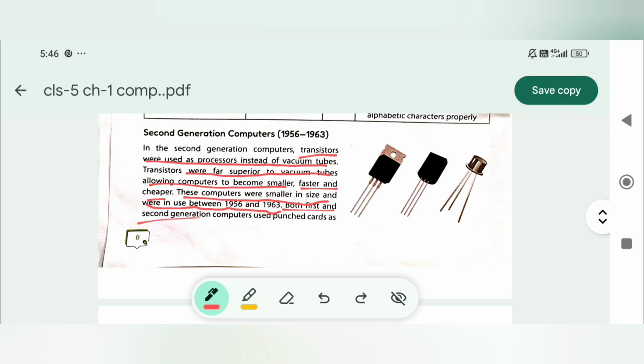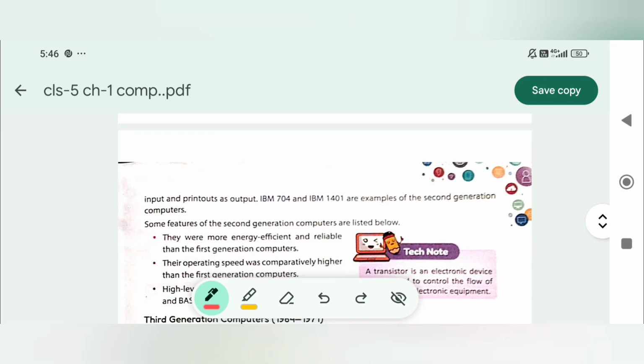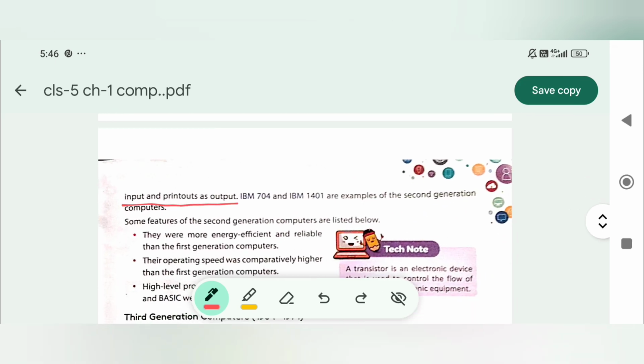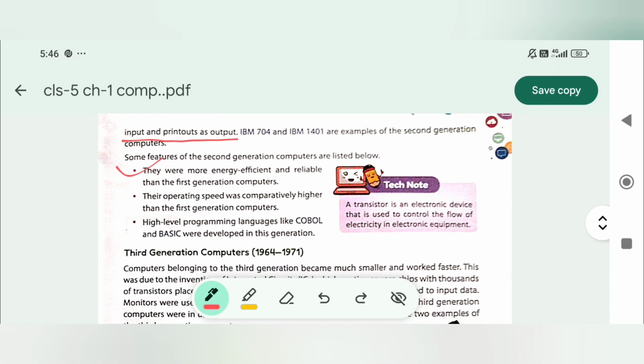Both first and second generation computers used punch card as their input and printout as output, and they were more energy efficient and reliable than the first generation computers. Their operating speed was comparatively higher than the first generation computers. High level programming languages like COBOL and BASIC were developed in this generation.